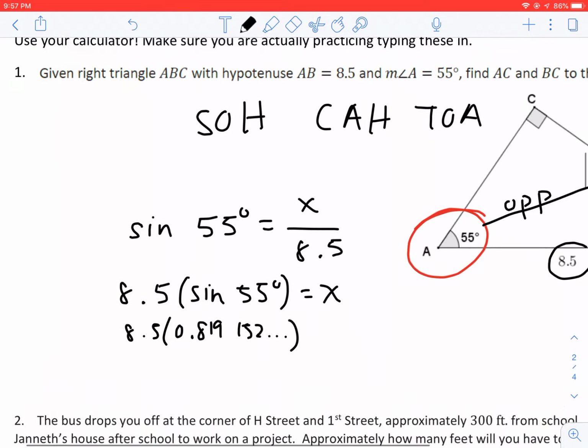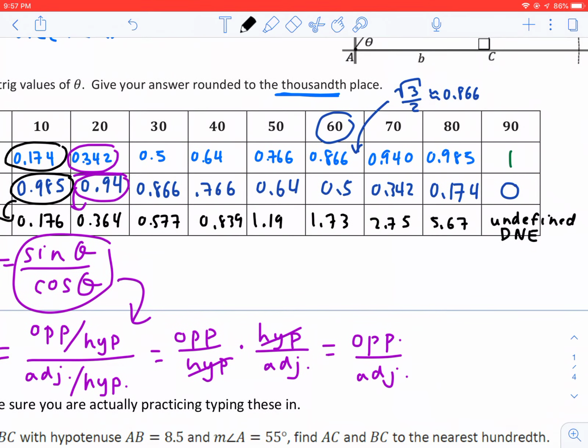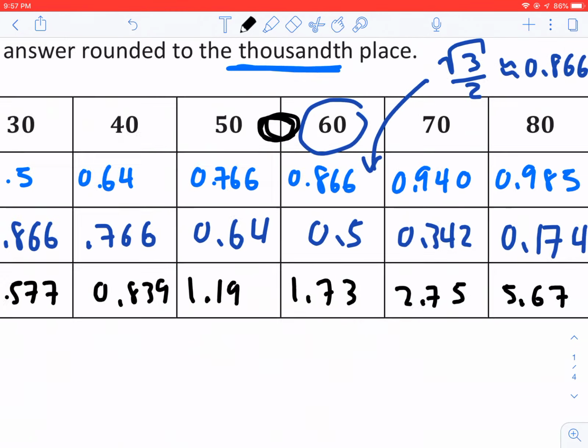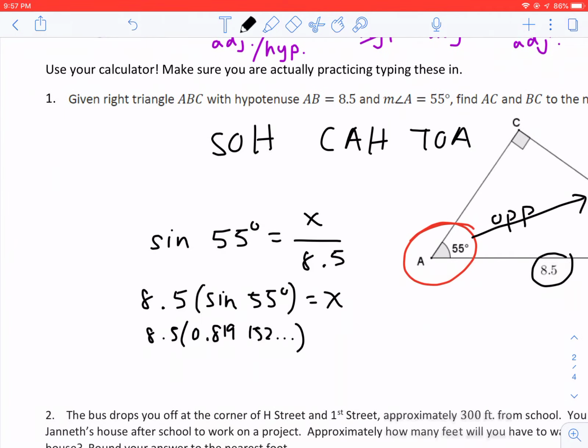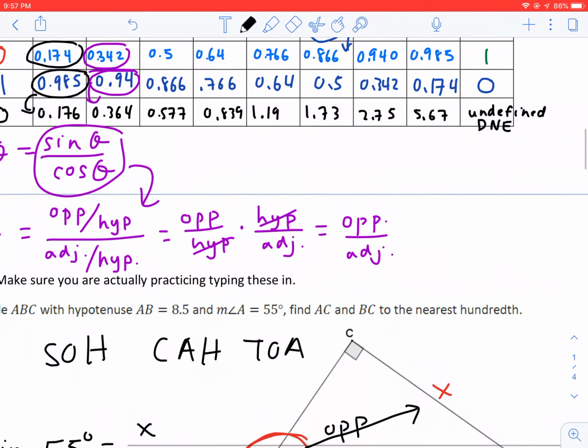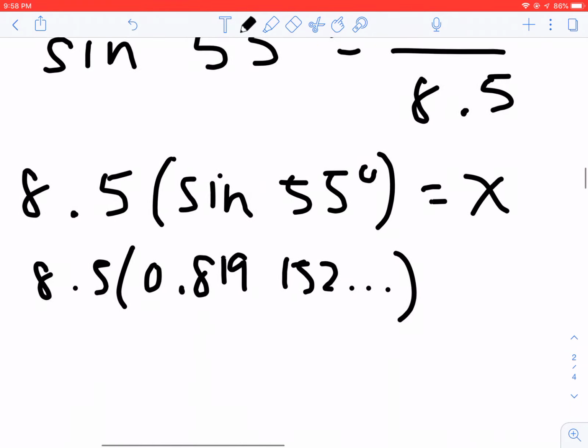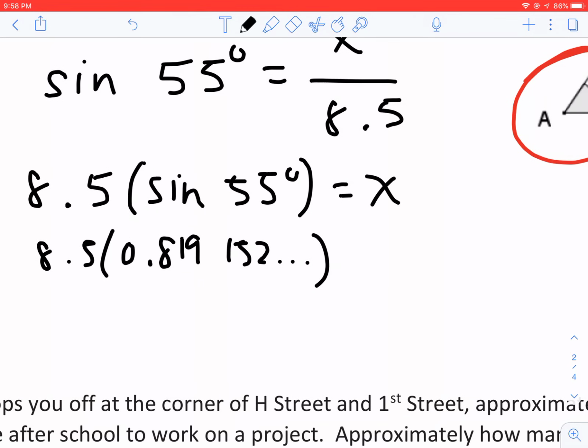So sine of 55 degrees, if we look at our table, 55 degrees is right in between 50 and 60 degrees. Isn't that where 0.819 would go? Somewhere in between 0.766 and 0.866. And we're going to get times 8.5.